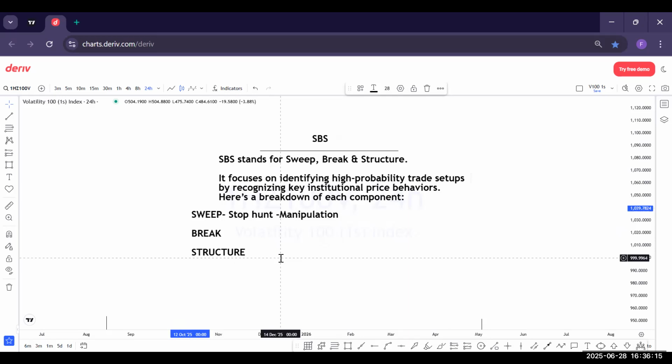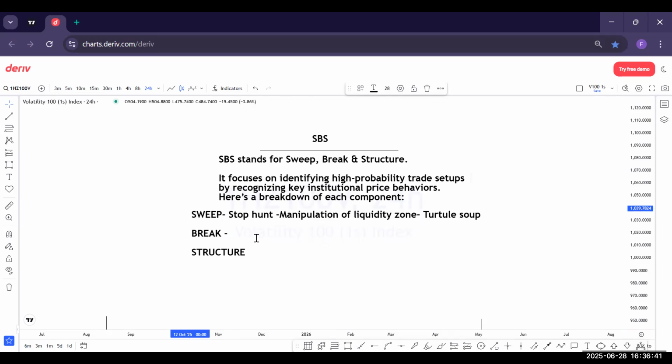You can also call it manipulation of a liquidity zone. With some you can call it the turtle soup. However, just know that price always grabs some liquidity before price moves up.